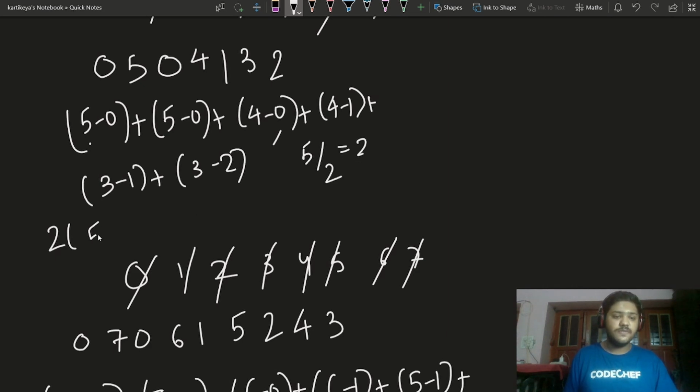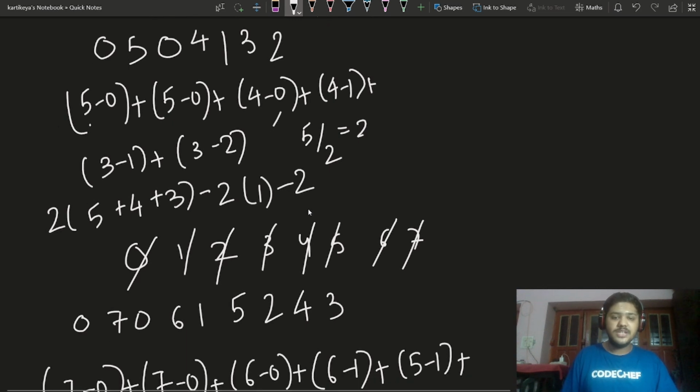Okay, so which is 5 plus 4 plus 3. And every number which is less than this 2, we are having it 2 times in the opposite direction, which is only 1. Okay, we are having 1 as minus, so we will write minus 2 of 1, and we are having this 2 itself as negative, which is here.